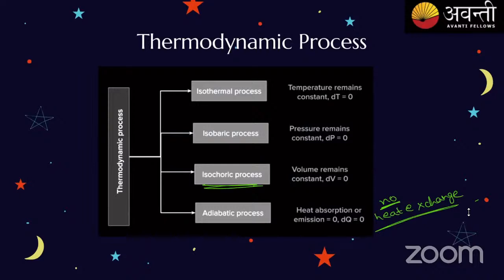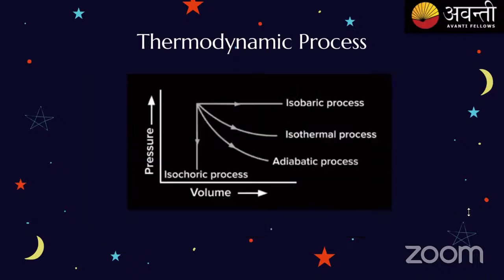Now, this is some graphical representation of a thermodynamic process. If it is isobaric, I said, pressure will be constant. If it is an isochoric process, what is constant? Volume is constant.